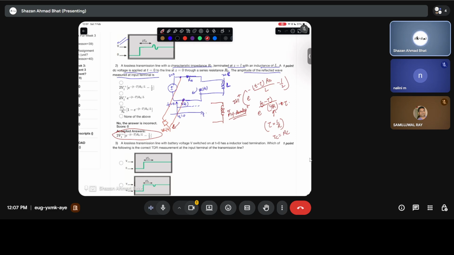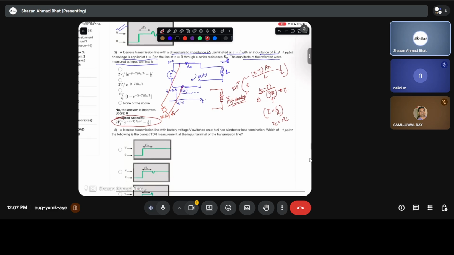This time constant depends upon the inductance value and the resistance value, and it gives a similar effect in terms of the voltage of an inductor, which is L di by dt. So there will be a lag associated with the voltage and the currents.